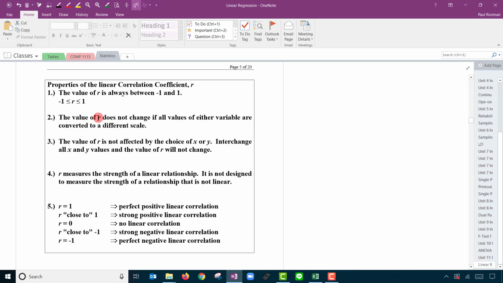So a value like 0.999 means you have a strong linear correlation with an upward slope, and an R of -0.999 means you have a negative strong linear correlation. It doesn't matter which variable you call x or which variable you call y, you still will get the same result for your correlation coefficient, which is a nice property of that.